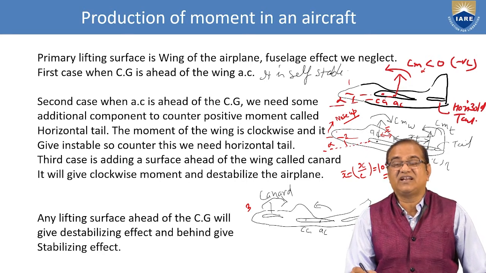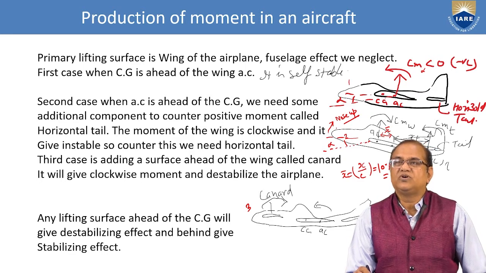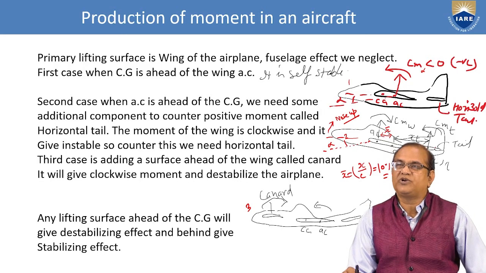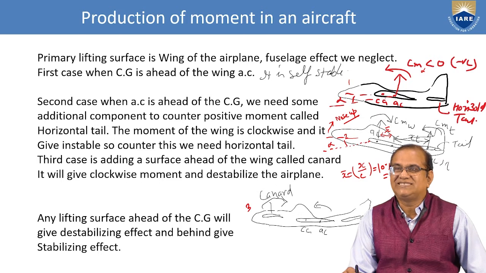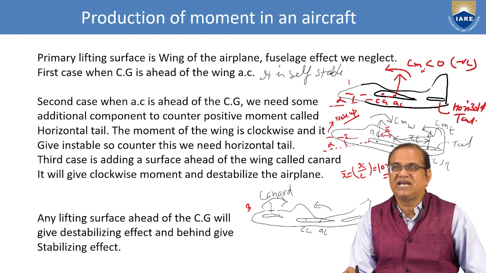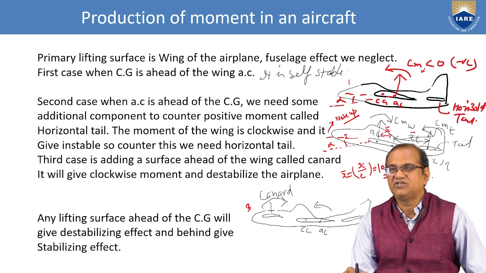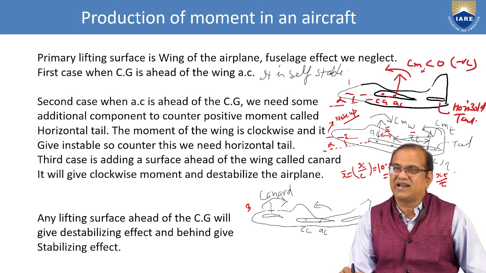The tendency of this aircraft is not to come to its equilibrium position, so we need something to make the nose go down. That is why we have to put a horizontal tail and also one control, called the elevator. If it is positive, it will generate a lift in the same proportion, and this x bar t is equal to x t divided by c bar.